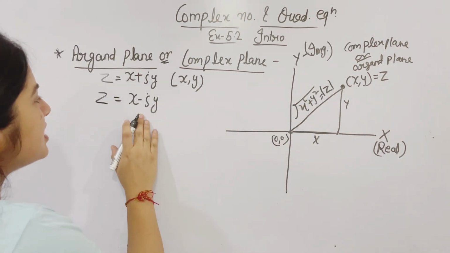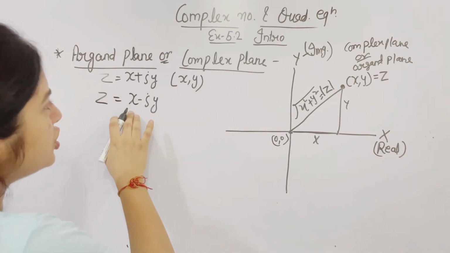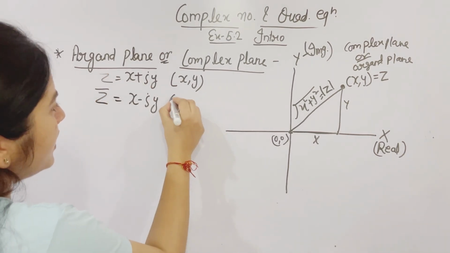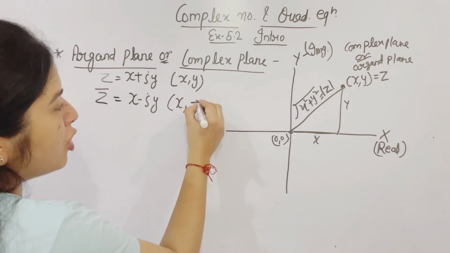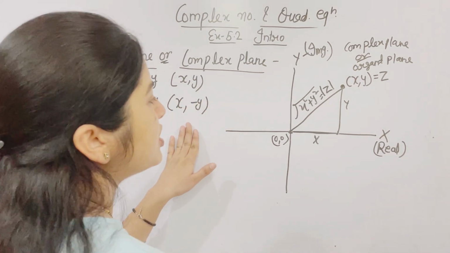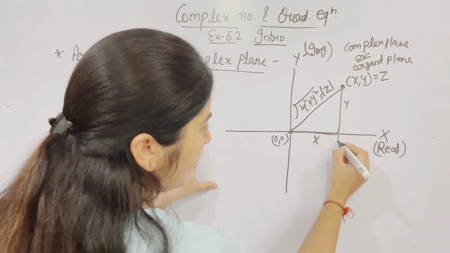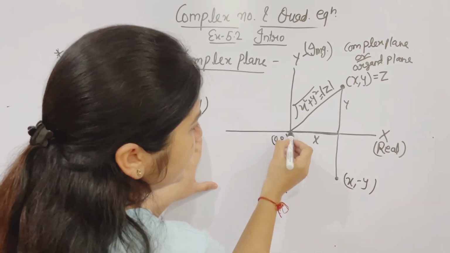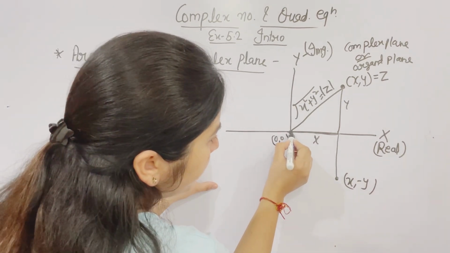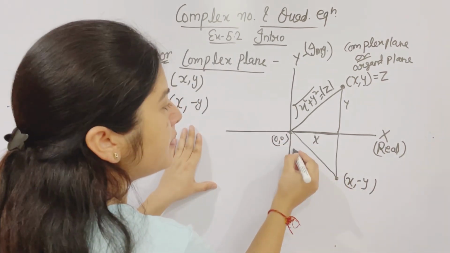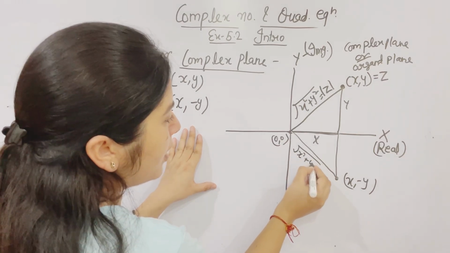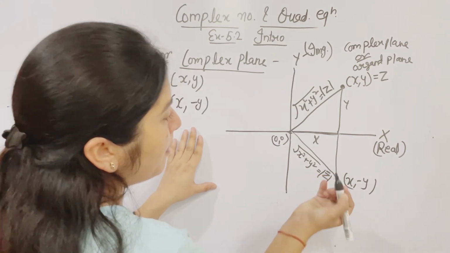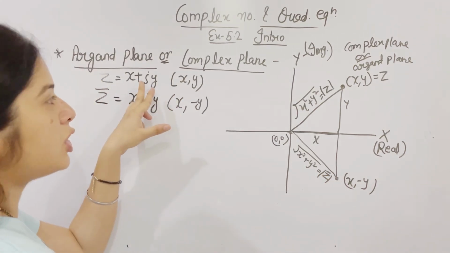Now if we take z equals x minus iota y, which you know is the conjugate of this given complex number, the ordered pair will be x comma minus y and the representation of this will be x positive, y negative, like this, and the distance of this from the origin will be the same, root x square plus y square, which is the modulus of the given complex number, which is the conjugate of this complex number.